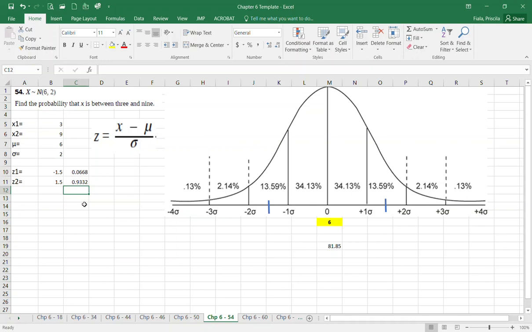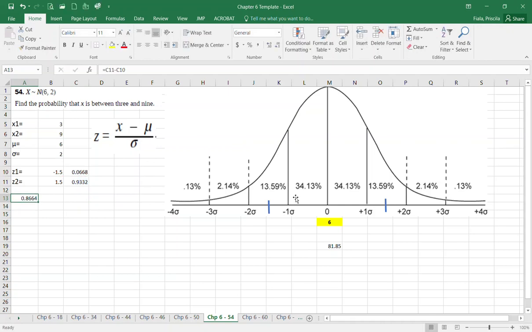Okay, so the way we're going to do this is we just wanted this interval right here between the minus and the positive 1.5. Therefore, you have to subtract everything else. So everything else that will come after that or below that, we don't need it. We just need that interval. So we're going to do equals your 93% minus the 6%.